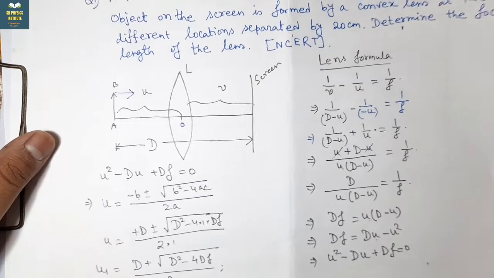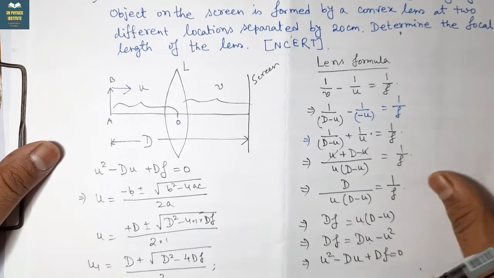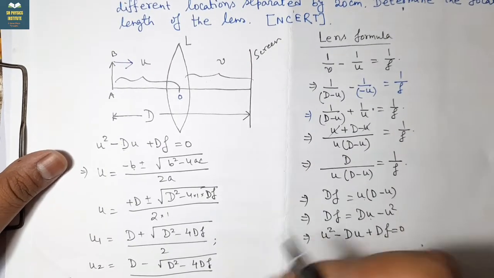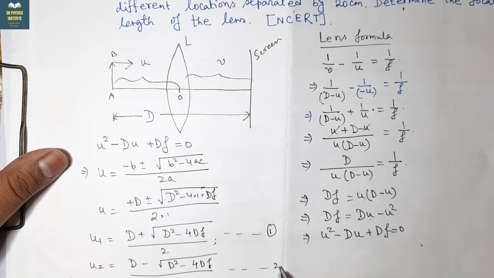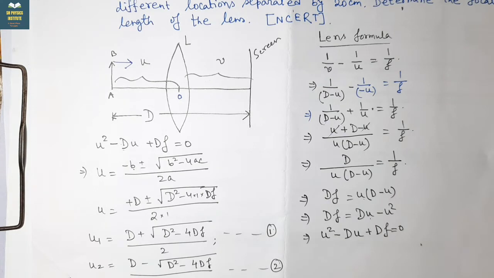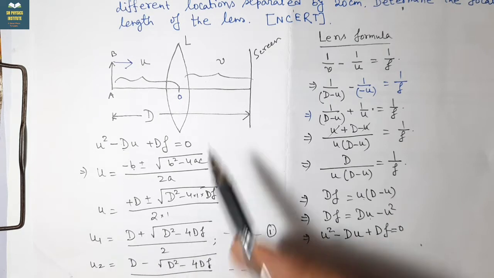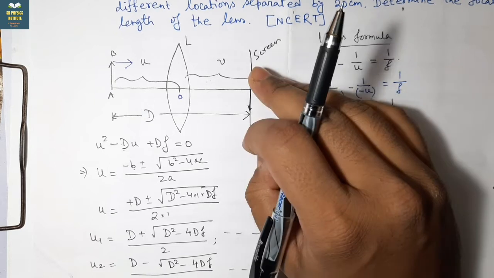I am putting here equation number 1 and this as equation number 2. So from 1 and 2 you get two values of object distance, and the image is formed on the screen.